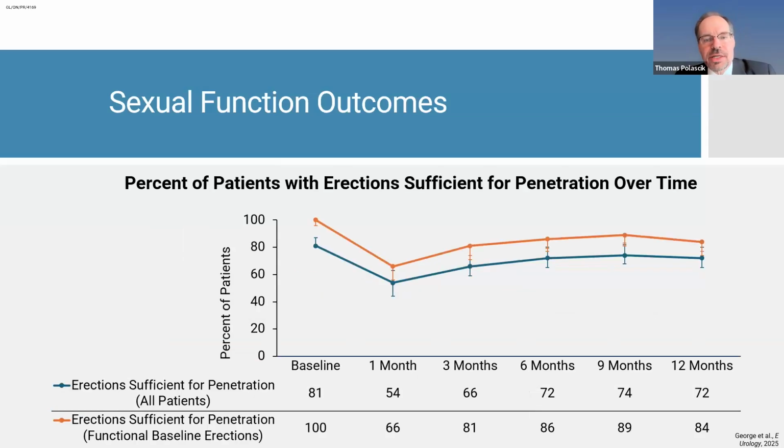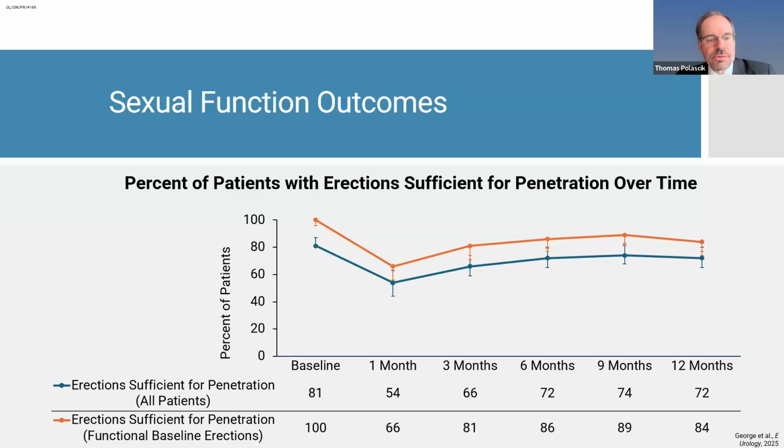Percent of patients with erection sufficient for penetration over time, same curve. 1 month, a little bit of a dip, and by 12 months, we see resumption of erections. So for all patients at 12 months, if the baseline was 81, at 12 months, it's 72%.